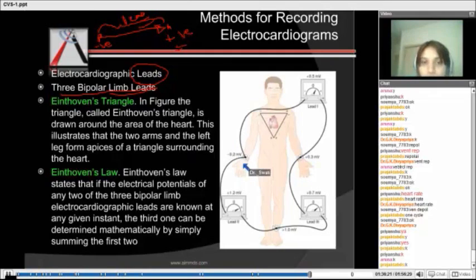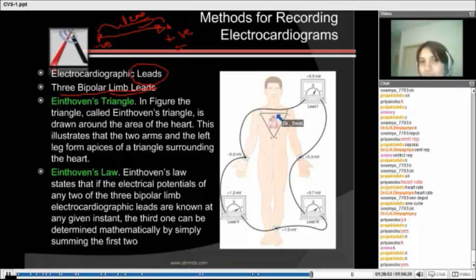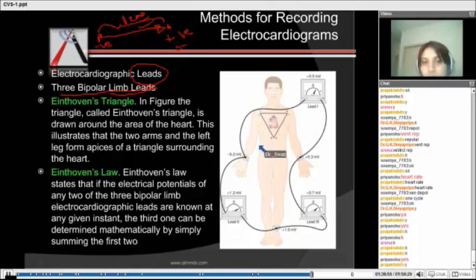Okay? So what we do is we apply the electrodes on the right arm, left arm and left leg. So from right arm to left arm, it's from negative to positive. Right? That gives you your 0 degree lead, from right to left. Are you getting me? That is your lead 1. Okay? Then we have lead 2, that is from your right arm to left leg.